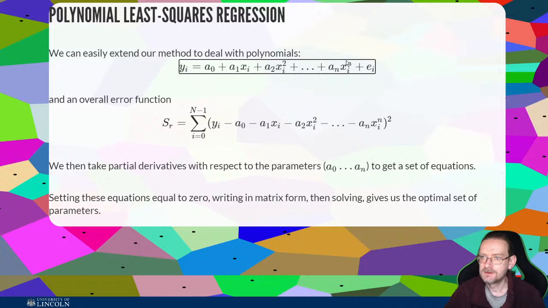And so whatever that is, this will be a function of those parameters in our fitting model that will control how good our model is. And so we then take the partial derivatives with respect to all those parameters, set them equal to 0, and we'll get a set of simultaneous equations. And we know how to solve them, so we can do that.